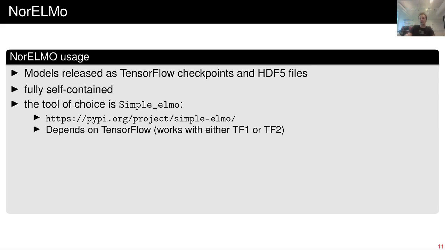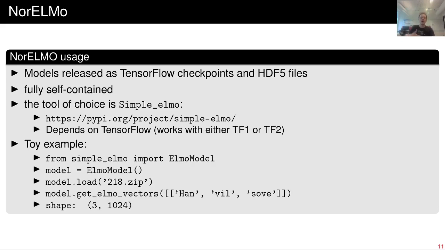They are fully self-contained, and include the vocabularies on which they were trained. We also offer a Python module called Simple ElMo, which uses TensorFlow under the hood and can be used to extract contextualized embeddings from pre-trained ElMo models. So it really makes it easier to work with the models that we released.